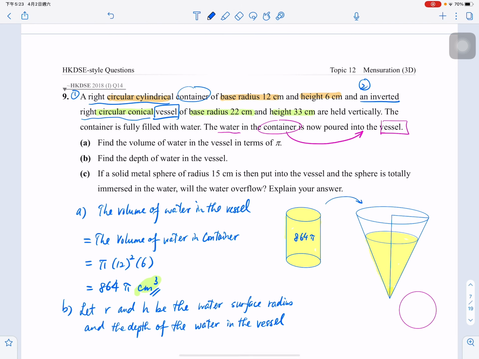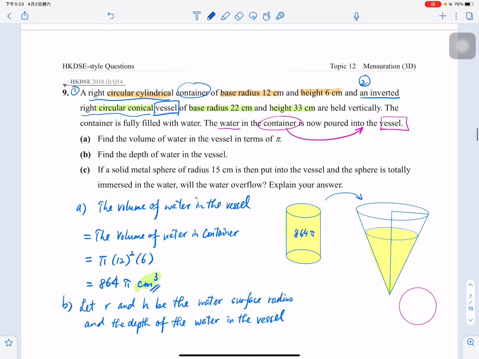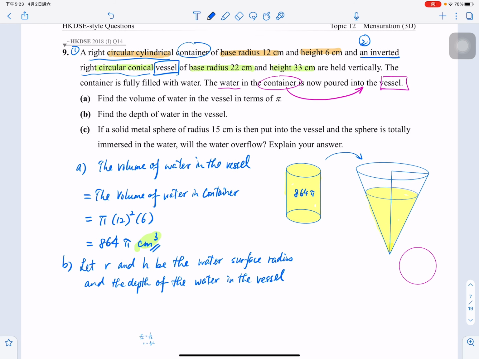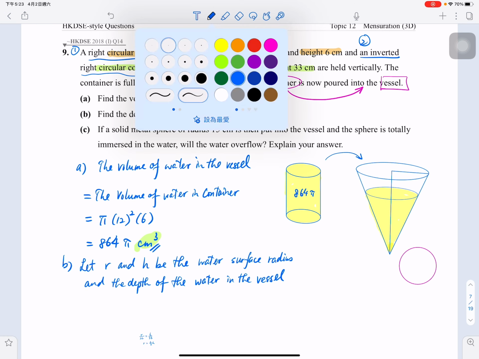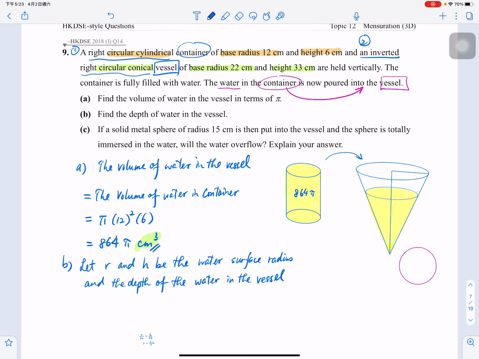Okay, and then pour into the vessel. Then find the depth of the water. Do you know the depth of the water? You know that the right circular cone radius is 22, and the height of the circular cone here is 33 cm, right? Then the depth of the water, that means here.